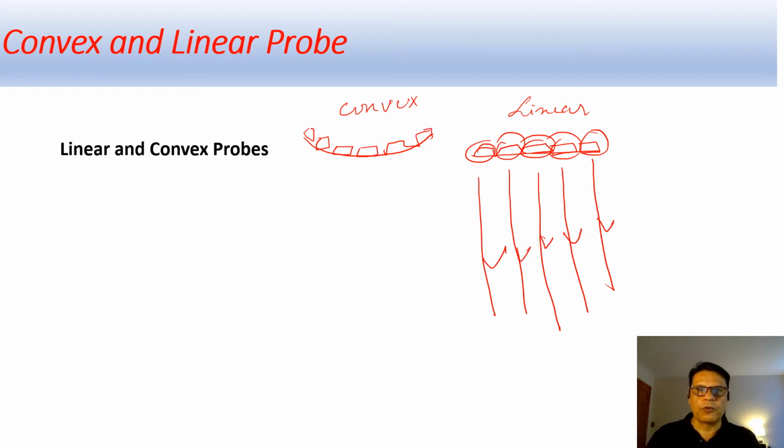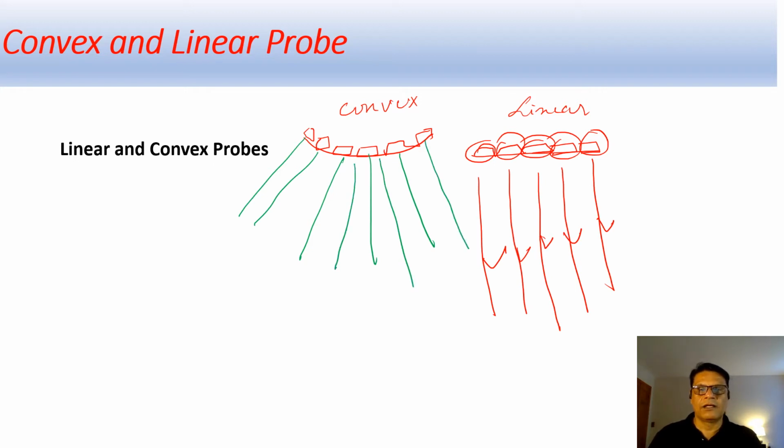In convex probe, the scan lines again are produced from different crystals, but they do not travel in a same line. They travel in different line at an angle. So that is why they make different image.